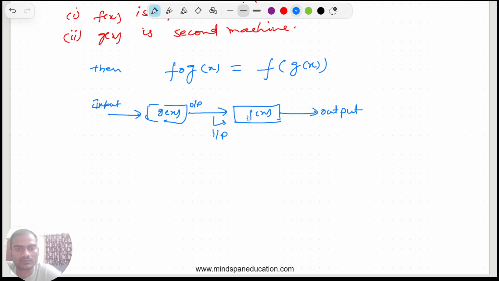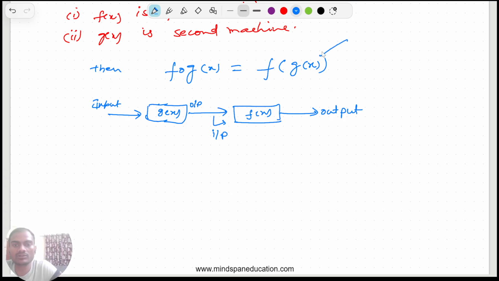So the input goes to G of x, and the output of G of x becomes the input of F of x. The final output from F of x is the output of the composite function. This is what composition really means.